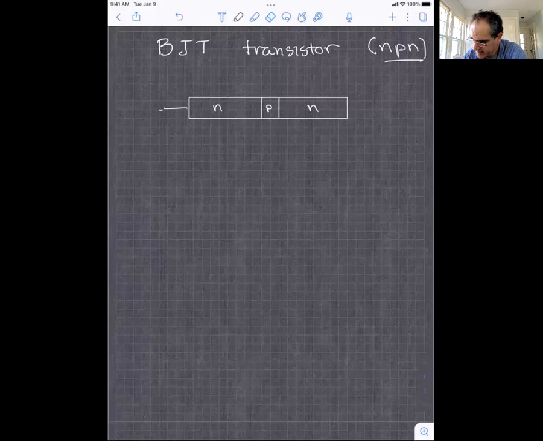We have three terminals, the emitter, the collector, and the base. And what we're going to see is that by applying voltages to the base, we can switch on and off a flow of current between the emitter and the collector. Here, let's see how this works.